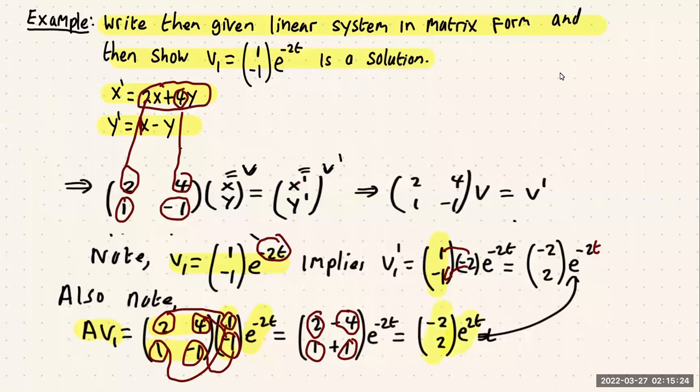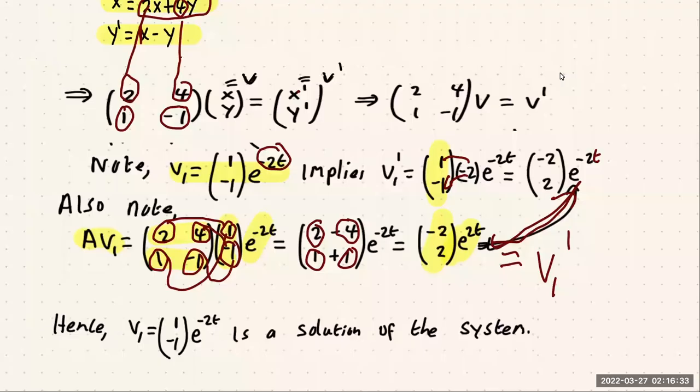Notice that these two are the same, so this also equals v1 prime. So we've shown that v1 is a solution. Hence we can say that v1 is a solution of the system.